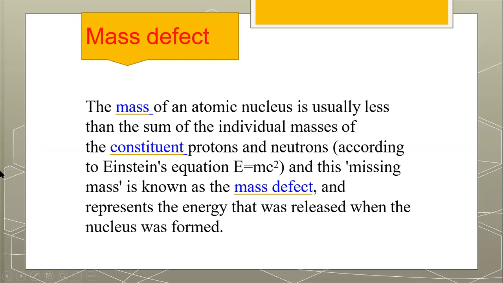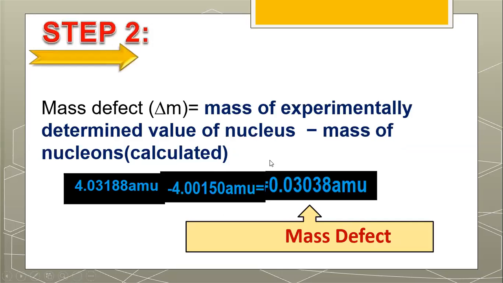As I have told you earlier, the mass of an atomic nucleus, which is the experimentally determined value, is always less than the sum of the individual masses of the constituent protons and neutrons.